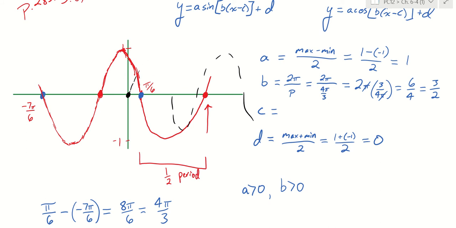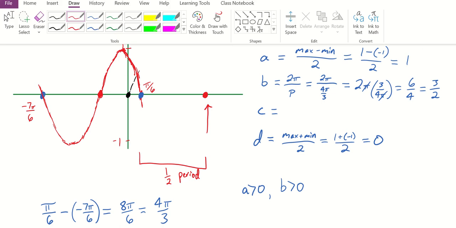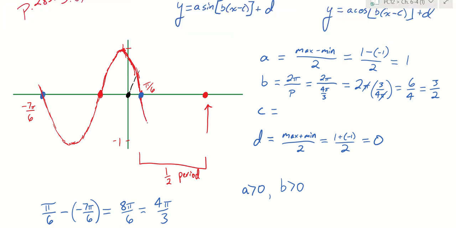That's going to be even easier. So I was doing it the hard way. Let's do it the easy way. So this point is really just going to be a half period away from pi over 6. And we want to know what this point is, because then we'll have that phase shift value.